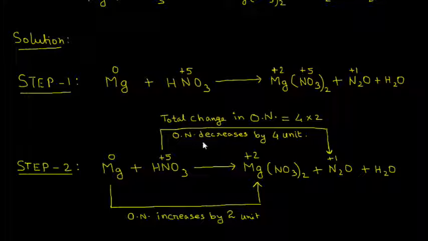On the other hand, the oxidation number is decreased by 4 units for nitrogen. The total change in oxidation number is 4 into 2, for 2 nitrogen atoms, that is 8. So in step 2, we write the total change in oxidation number.